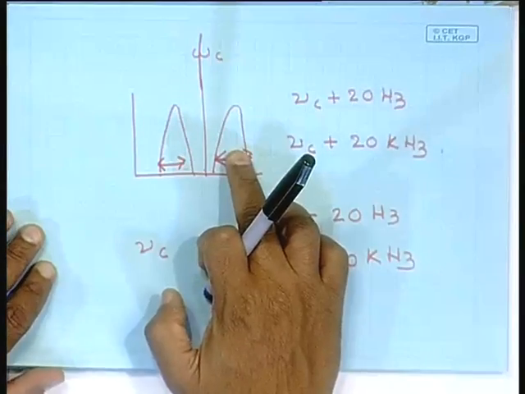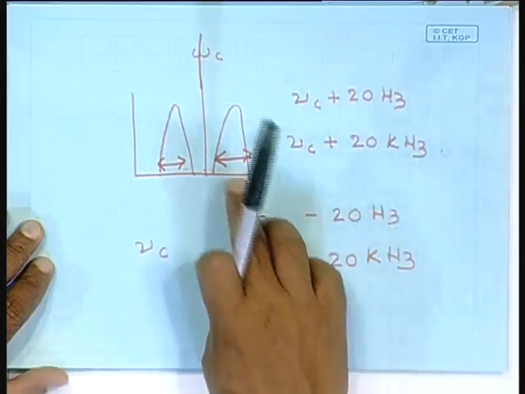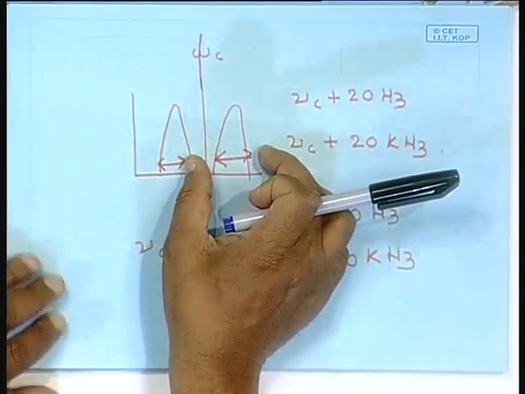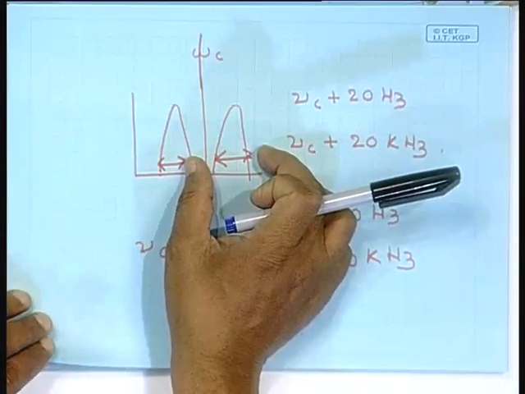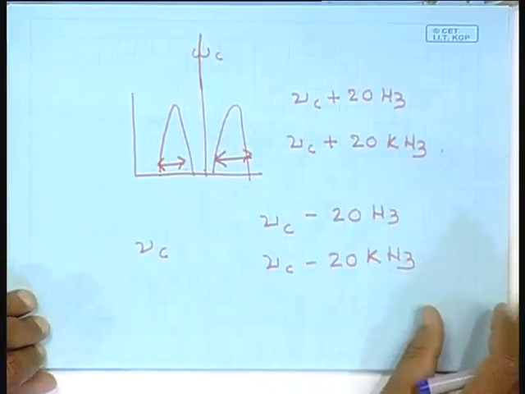Both these sidebands contain the full voice signal. So, as long as the radio receiver can receive one entire sideband, it can reconstruct. So, you will be able to hear what I am saying, but if it only receives a part of it, you will not be able to make out what I am saying. Maybe the high frequency parts will be missing in what you hear in your radio receiver.